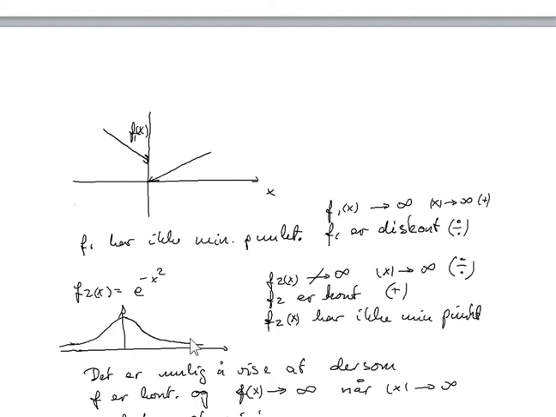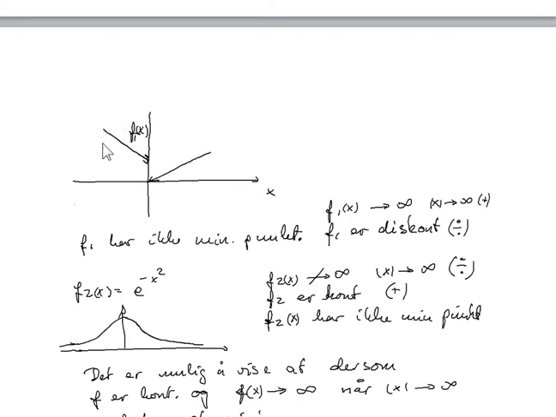And we see that this function does not have the property that when x approaches infinity in absolute value, the function will approach infinity. As a matter of fact, it turns to 0, so it does not go to infinity. However, the function is continuous.